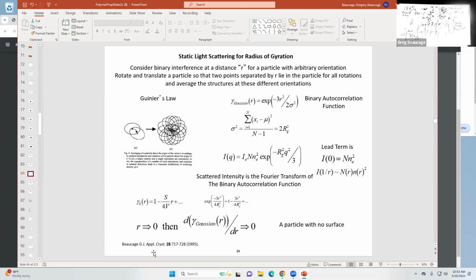So, okay, the context here is that if you take this expansion of Grenier's law, 1 minus 3 r squared by 4 rg squared, then basically it doesn't have that power 1 term, right? There's no surface to it. So basically, this Grenier particle is a particle with no surface. Yeah. Right. So this is the kind of equation you get for something that has a surface.